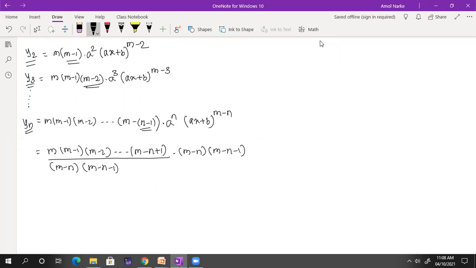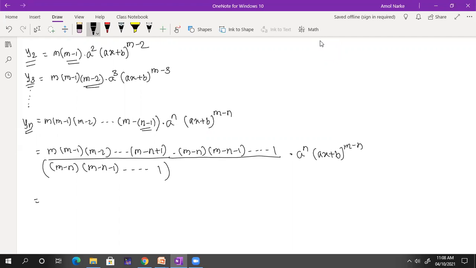Okay, so dot dot dot. Here m is a positive integer, n is also a positive integer. So if I subtract 1 each time, lastly I will get 1. So dot dot dot 1. Whatever I have written, this extra part, I just divide that extra part in the denominator. What I have remained is a raised to n into (ax plus b) raised to m minus n. So I write this as m, m minus 1, and so on into 1.